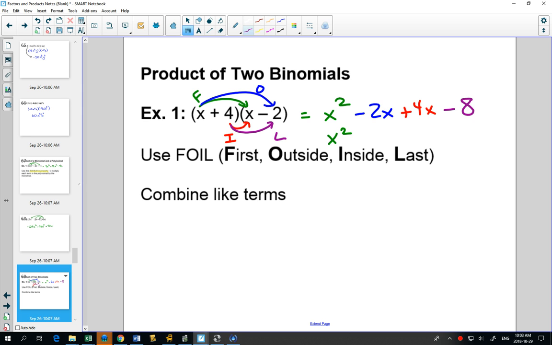And we've already noticed that our outside and inside often combine, and we get x squared plus 2x minus 8. So we FOILed it out, first, outside, inside, last, and then we combined our like terms, which ended up with that 2x black in the middle.